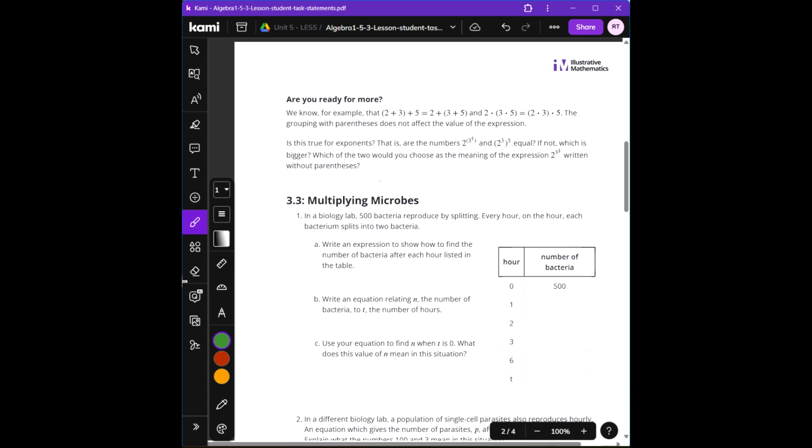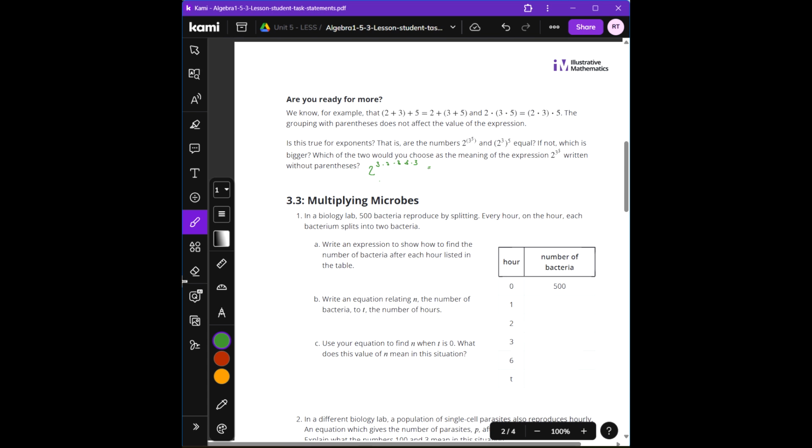Kind of hard to say what that is, but basically, let's take a look. If I have 2 to the (3 to the fifth), that's going to give me 2 to the power of 3 times 3 times 3 times 3 times 3.